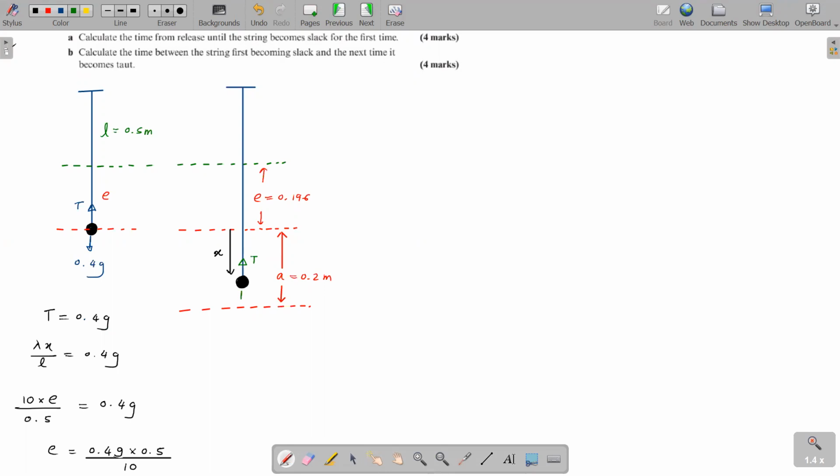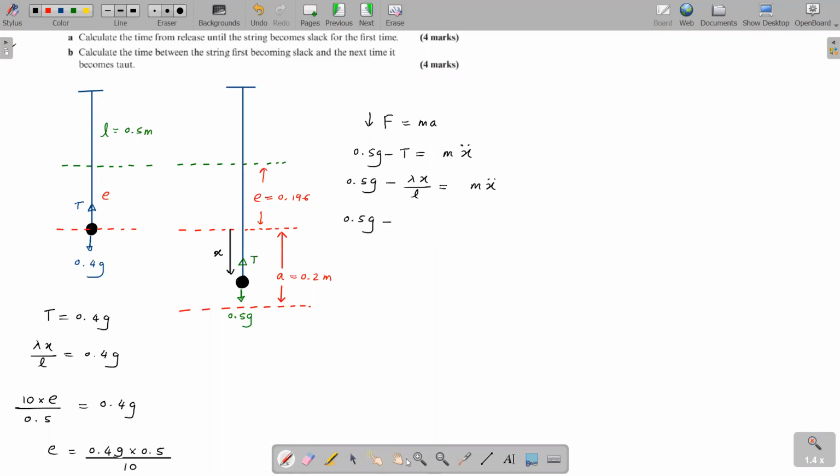So this is the tension, this is the weight. So let's apply F equals ma away from the center. So what do we get here? 0.5 g minus tension equals m times x double dot. Do you agree? 0.5 g minus tension, which is lambda x over L, equals m x double dot.